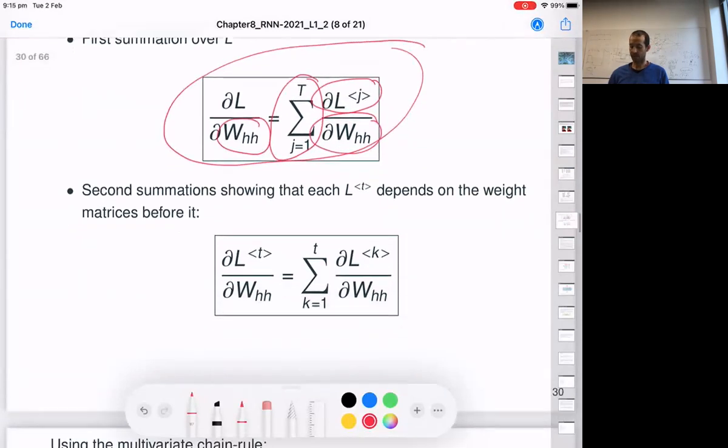And now if I need to derive one specific loss function for time t with respect to W, I have this sum because this time t depends on all the previous times, from time 1 until time t.